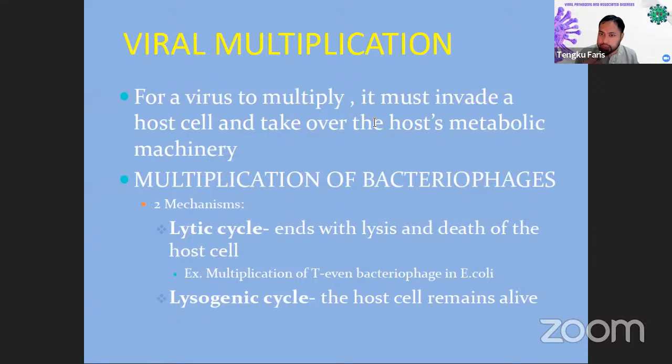Like me, if I have been invaded by the virus, I consider myself the host cell. The virus comes and invades my machinery, and uses my energy inside my cells in the form of ATP. Your mitochondria produce ATP for your cellular function. The good thing with the virus is that, well, not a good thing, it's actually a bad thing.